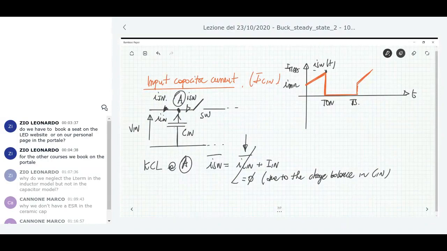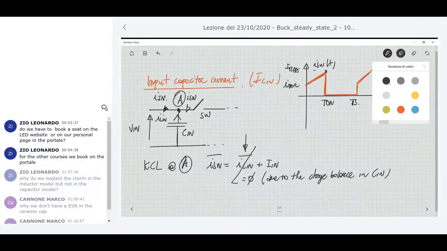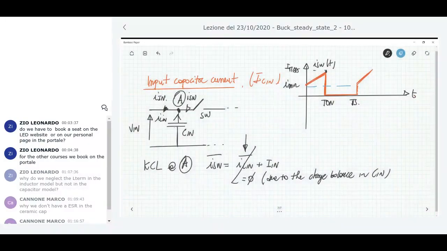No DC current flows through it. So the average value of the switch current is the input current. The average value here is the input DC current.